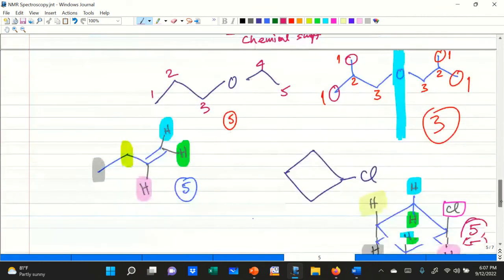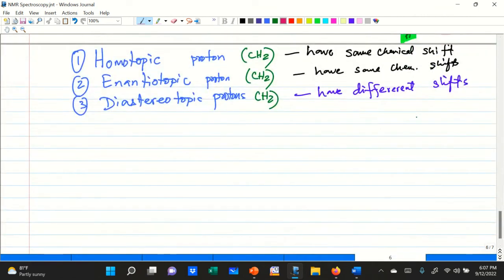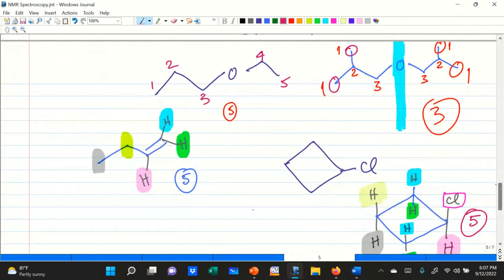Chemical shift values are followed by the integration, which indicates how many protons of each type, like in this molecule I had shown.